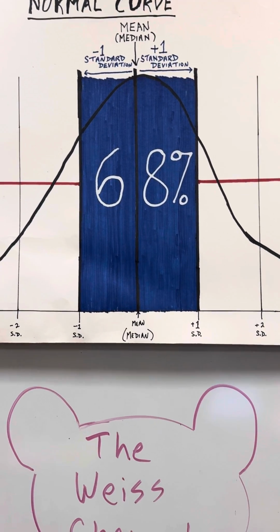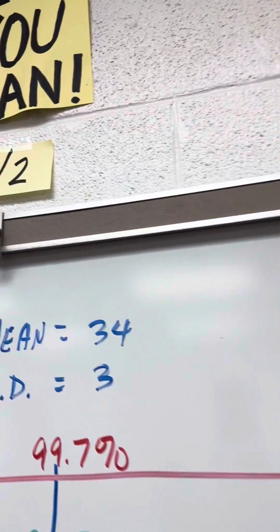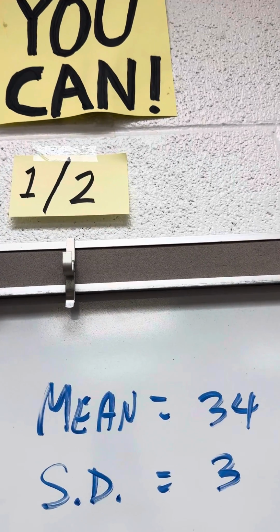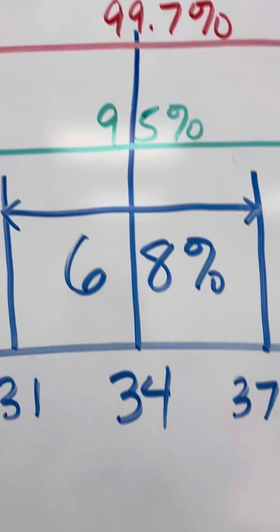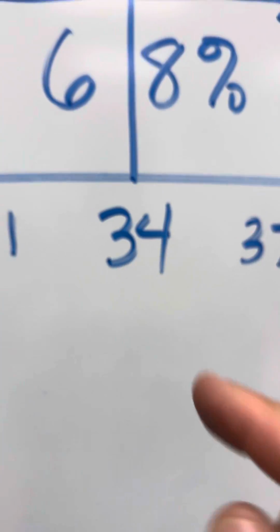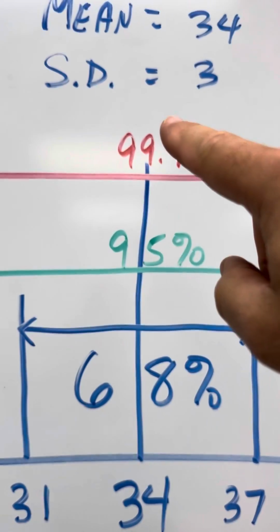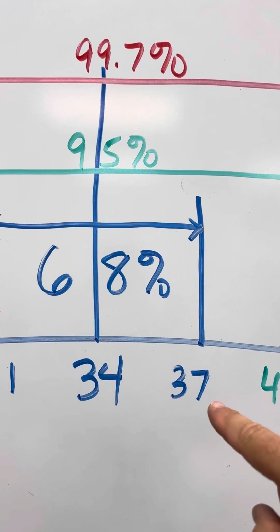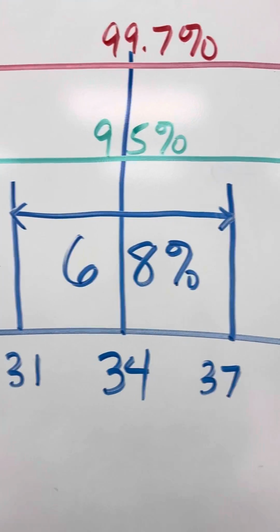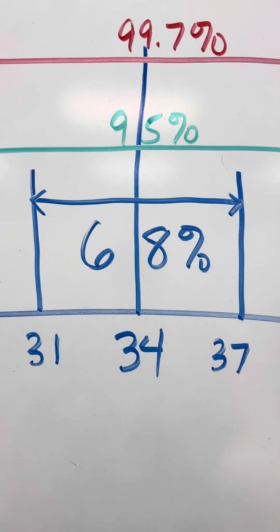What do I mean by that? Well, for example, let's say you had a mean of 34 and a standard deviation of 3. Okay? Here's the mean, 34. One standard deviation to the right, if the standard deviation is 3, would be at 37, because 34 plus 3 is 37. One standard deviation to the left would be 31.